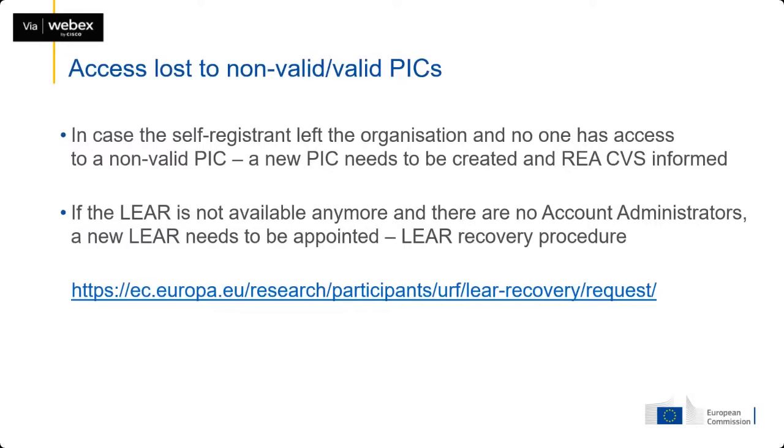In case you lose access to a PIC number that is in a declared status, meaning that the PIC number is not validated yet, for some reason, for example, the self-registrant who registered the PIC number some time ago might have left the organization, and there are no other authorized users that are appointed, you would need to register a new PIC number and inform the Central Validation Service. We will merge these two PIC numbers and keep only the one that you have access to, so you are able to complete the validation process.